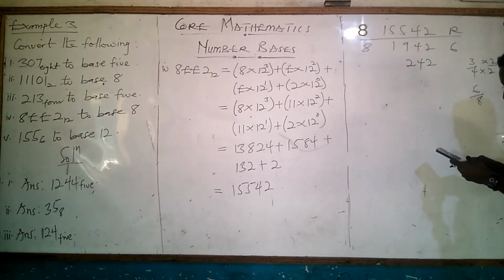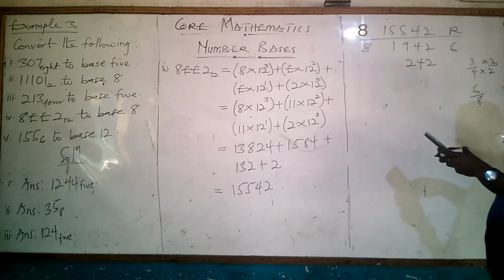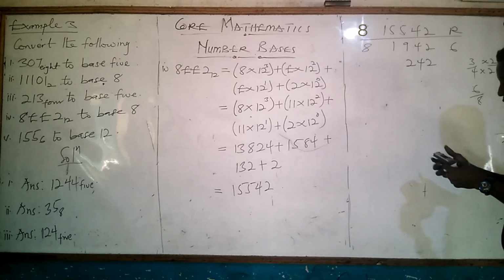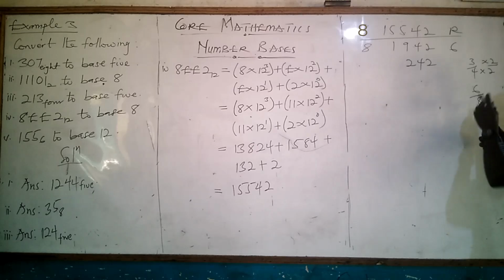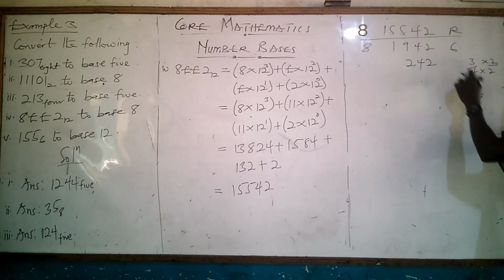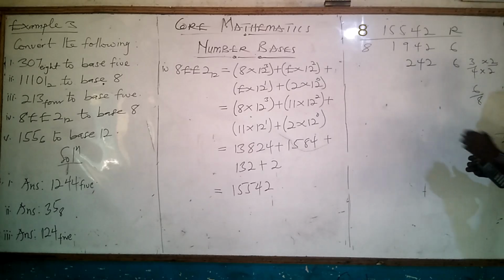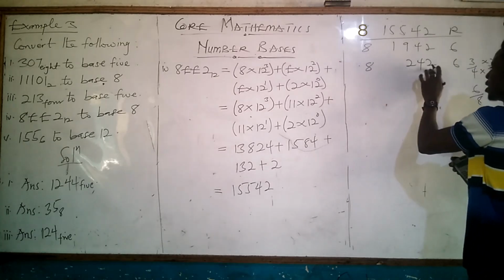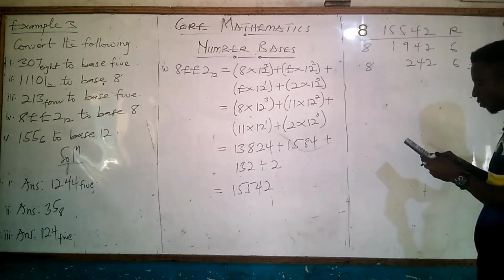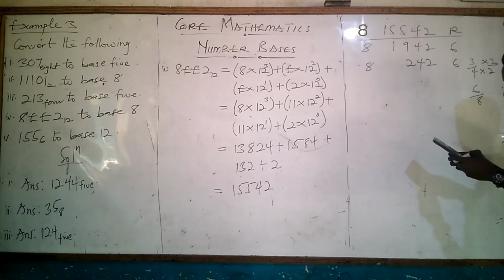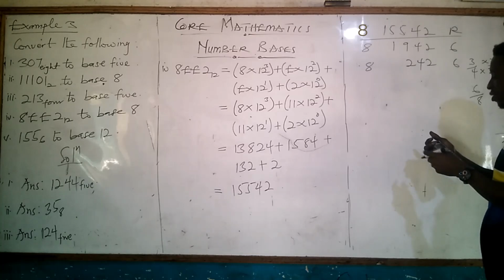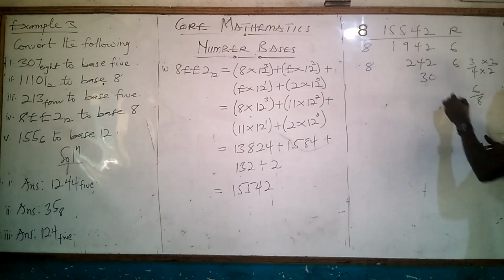That is 1,942 divided by 8, so that one too gets me 242 remainder, the same thing, 3 over 4, and that one too gets me remainder 6. Then now 8 into this, 242 divided by 8, and that one too gets me 30 whole number, 1 over 4.